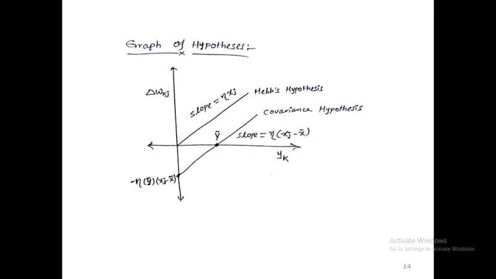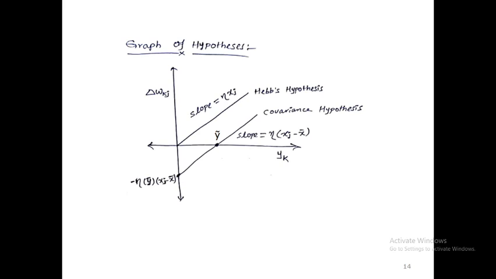Del wkj is equal to neta into yk xj. That is the change in weight as per Hebb's hypothesis. As per the covariance hypothesis, the change in weight is a little different. Instead of directly taking xj and yk, we take xj minus x bar and yk minus y bar.